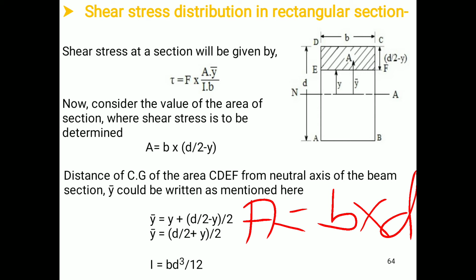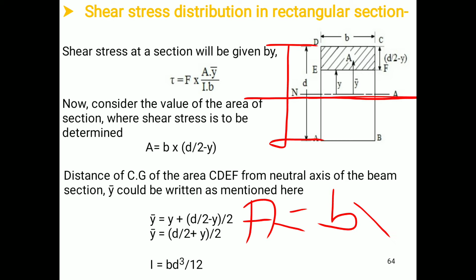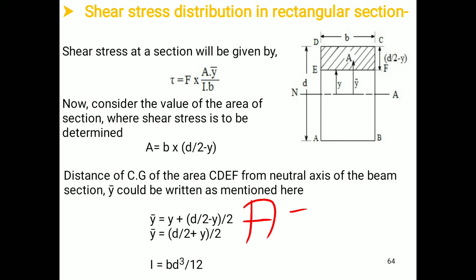Now width will be B and depth can be calculated in this manner. The total depth of the rectangular section is D and half of that is d by 2, and for this particular depth the answer will be d by 2 minus y. Therefore, we have area is equal to B into (d by 2 minus y).